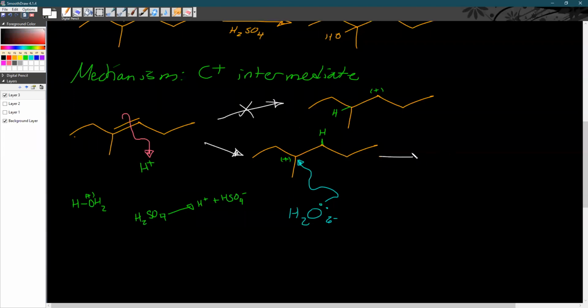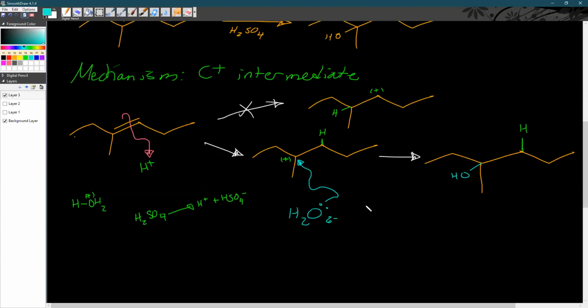And we're going to have the full addition of the water molecule. Just like this, right?